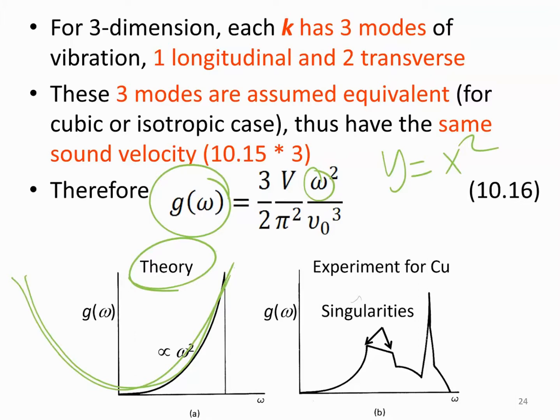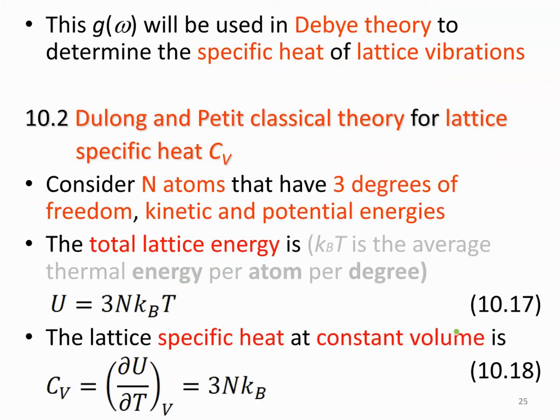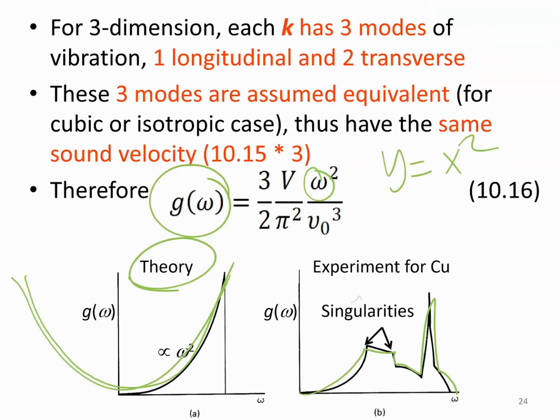However, the experimental result looks like this. So it doesn't fit very well. I mean, the theoretical modeling doesn't fit well with the experimental result. So now we want to improve this model.